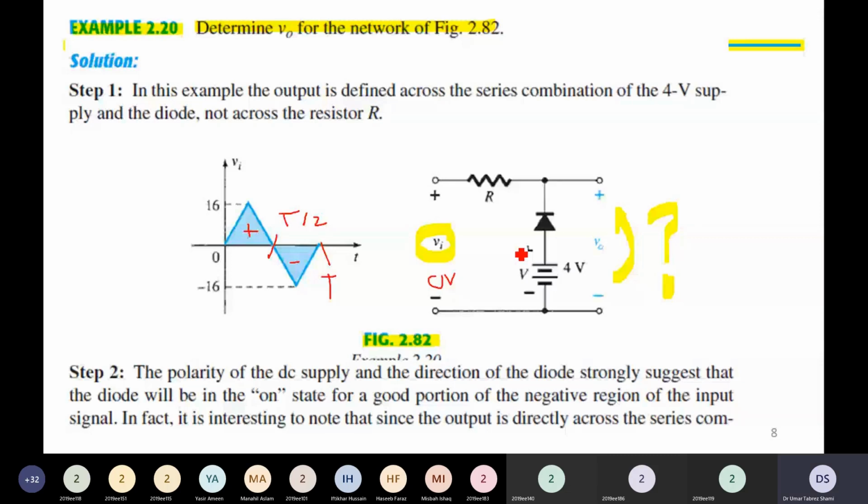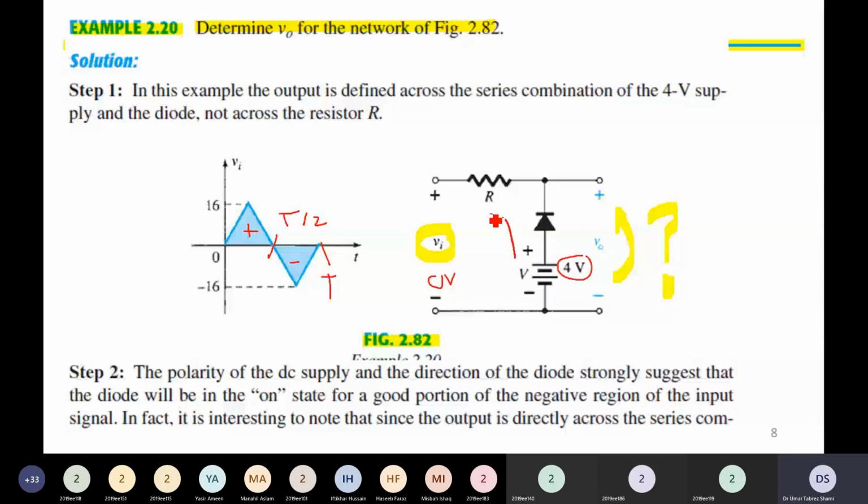When the input voltage is 0 volt, everybody listen carefully, our diode will be forward biased. कैसे forward biased होगा? Because there is another battery of 4 volts which is connected at the anode terminal. This external battery will now allow current to pass through the diode.